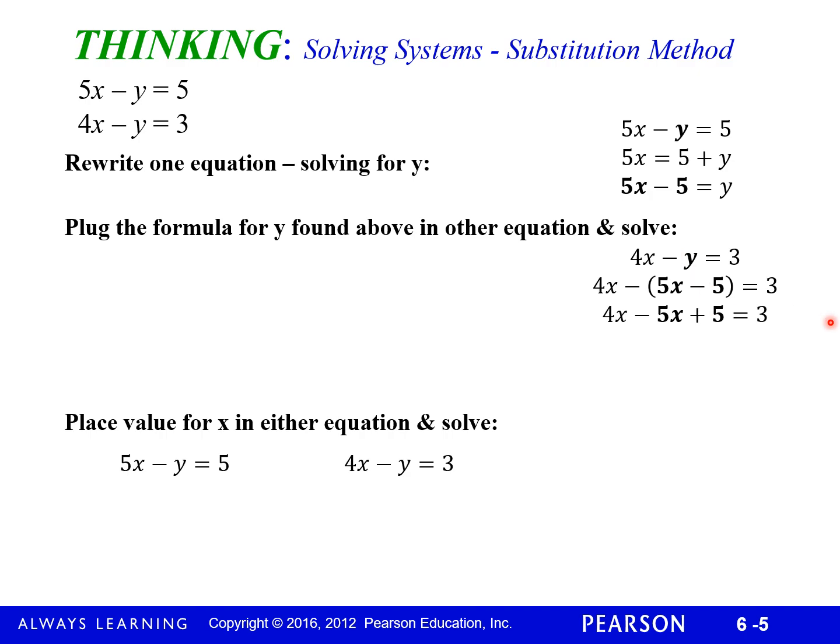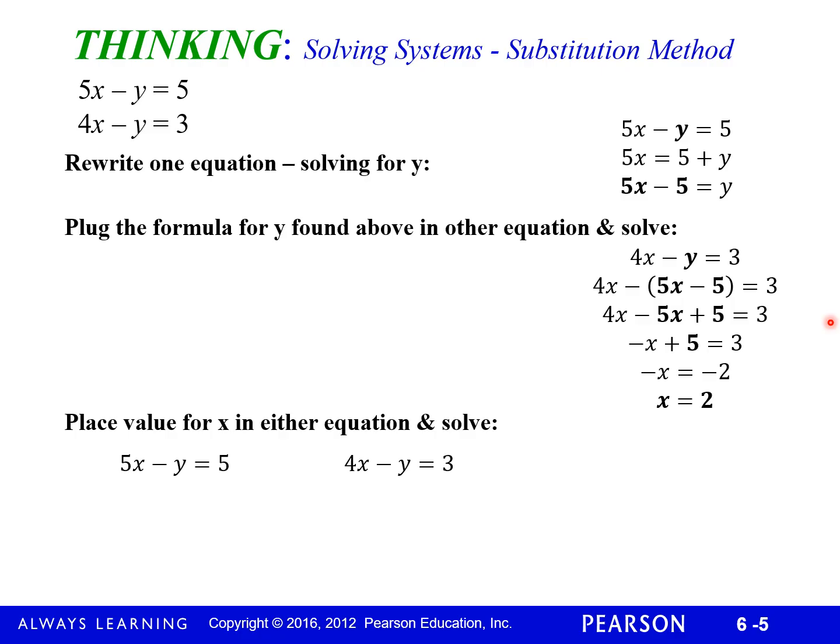4x minus 5x is negative x plus 5 equals 3. If I subtract 5 from both sides, I get 3 minus 5, which is negative 2. If I multiply both sides by -1, now I get the x value: x equals 2.